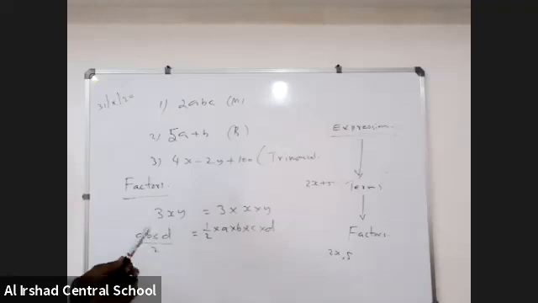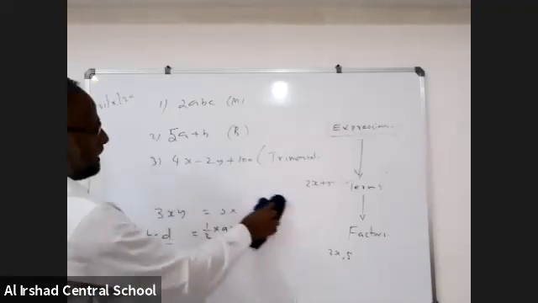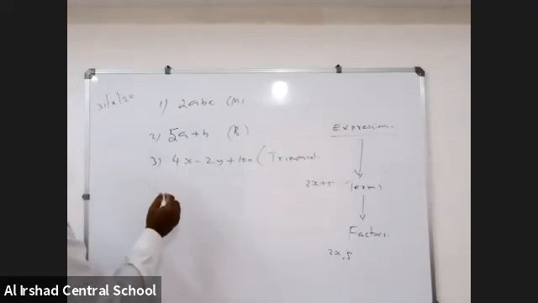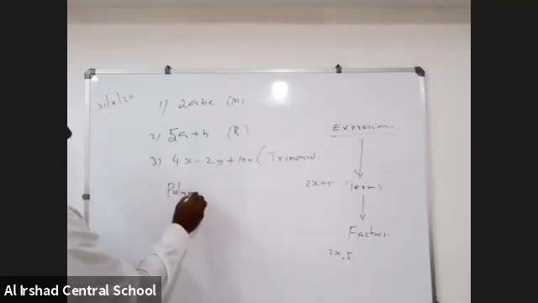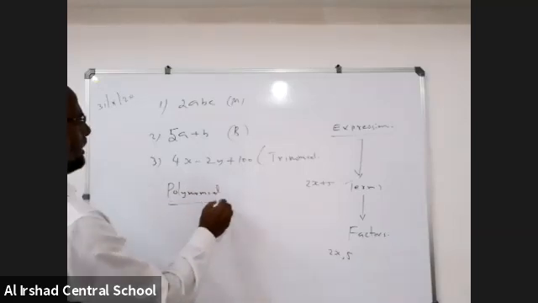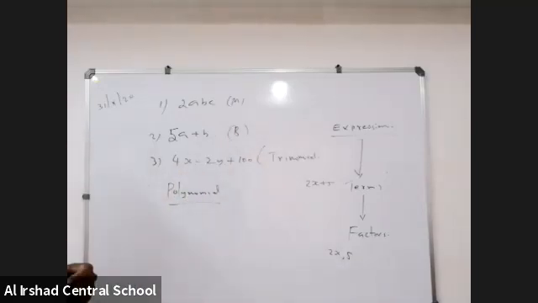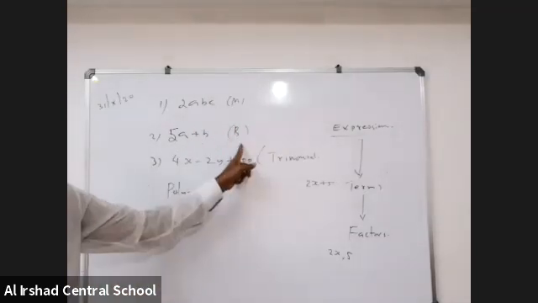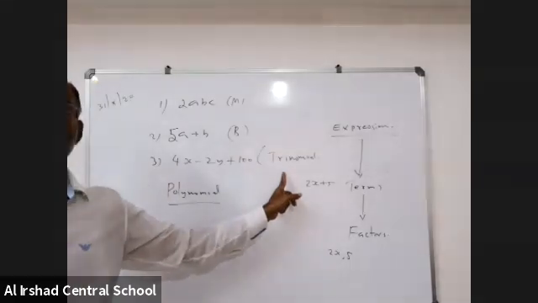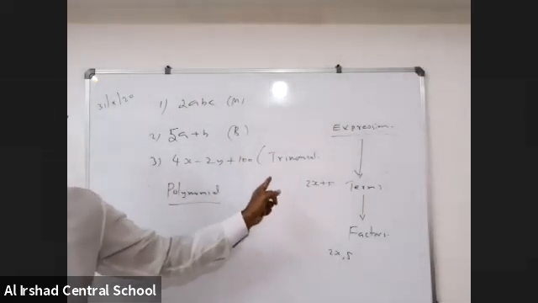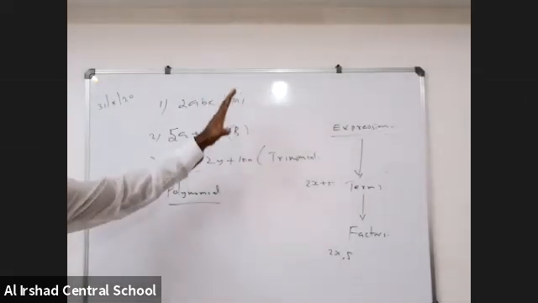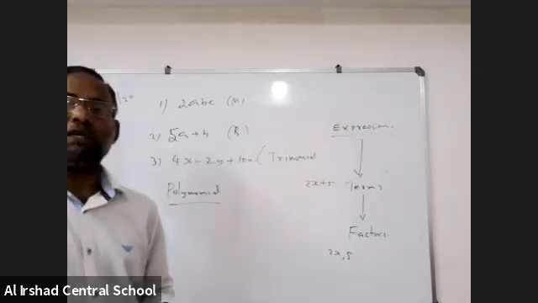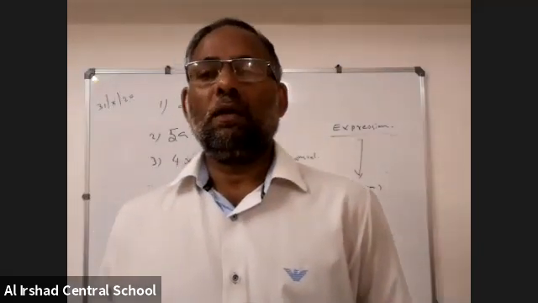Monomial, binomial, trinomial and polynomial. It is not new for you. Monomial is a polynomial, binomial is a polynomial, trinomial is a polynomial. Quadrinomial, that means four terms. These all are polynomials. All the expressions we studied are called polynomials.